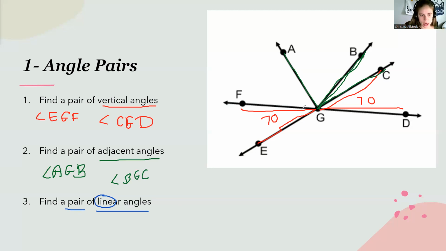And if we look down below, that would be these two angles right here, because they come together to form this straight line. So that would be a set of linear angles, which would be, for our naming purposes, EGF and DGE.